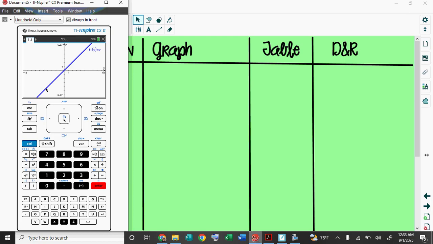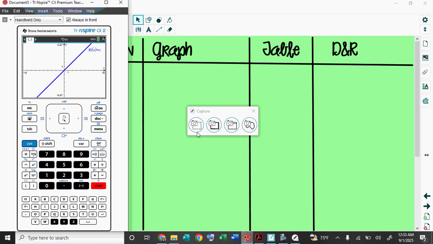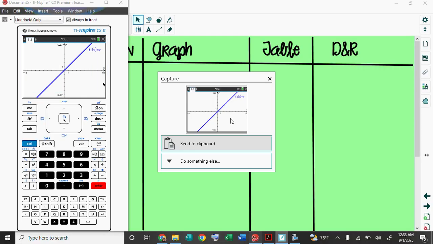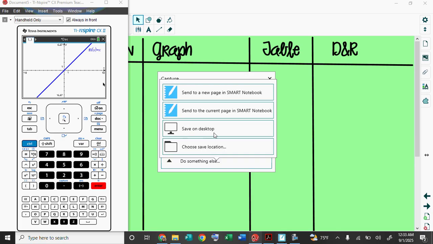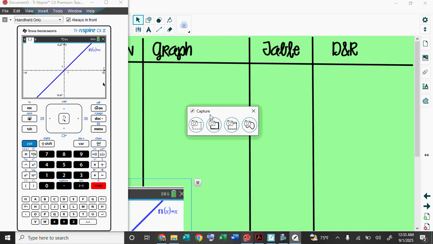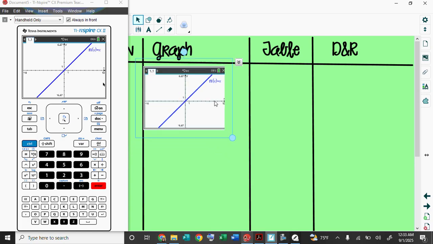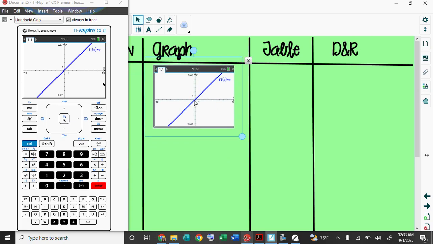It starts from the left to the right and goes through the origin. My screen is a rectangle, and so my graph doesn't go from corner to corner. If it was a perfect square, it would go from corner to corner. But what's important is it goes to the origin. When you were in 8th grade, this was called proportional.